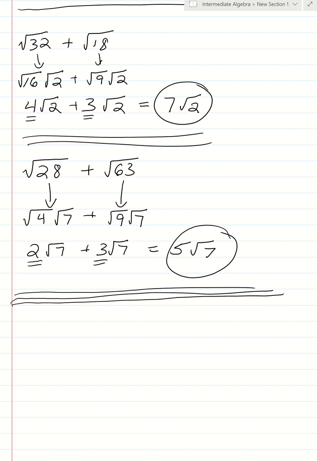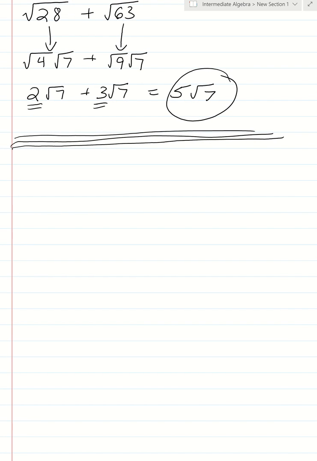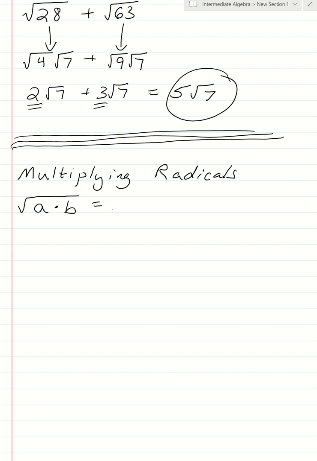Now also in section 9.5, we have to address the idea of multiplying radicals. For that, we want to think back to a property that we had in section 9.3 that involved the square root of a times b equals the square root of a times the square root of b.